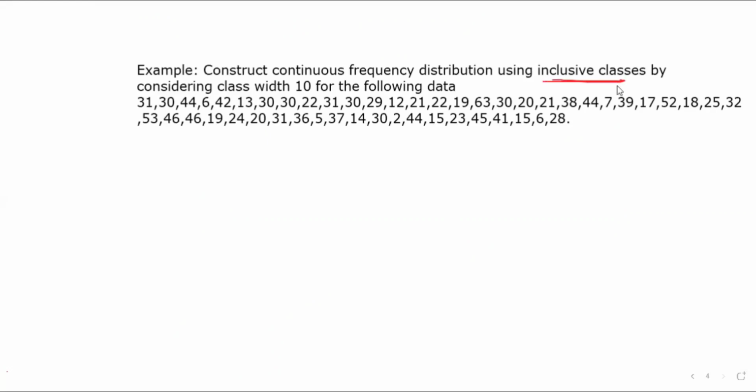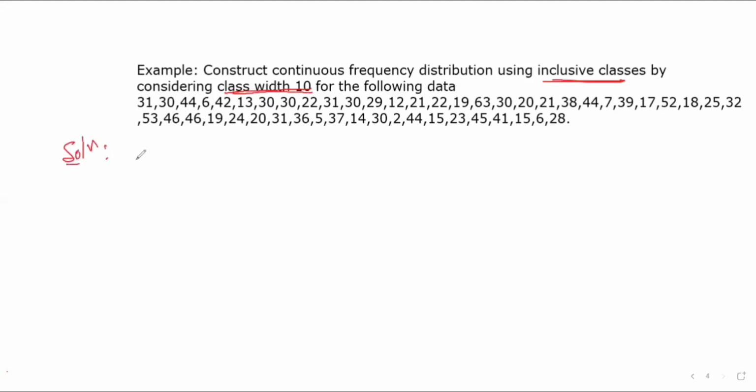Inclusive class intervals means the upper limit of a class interval is not the same as the lower limit of the next class interval. Is it clear? I repeat: the upper limit of the class interval is not the same as the lower limit of the next class interval. They have also given the class width for the following data. They have given the data set.